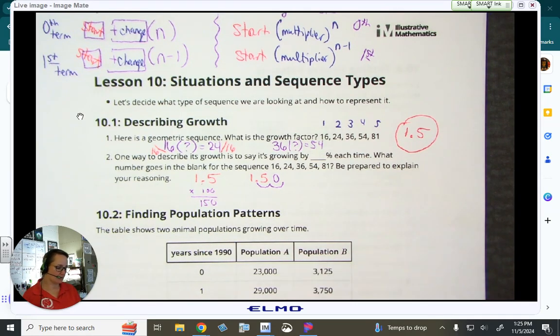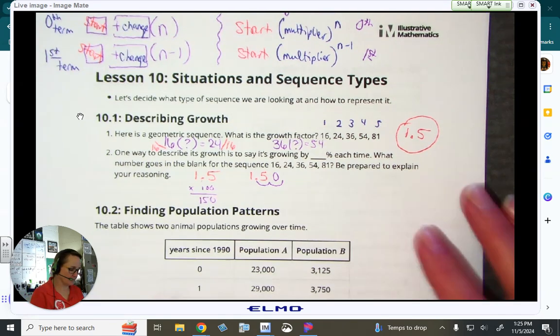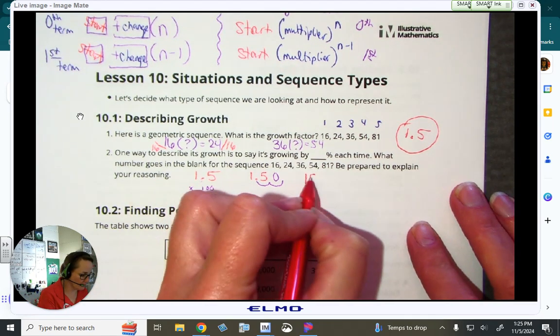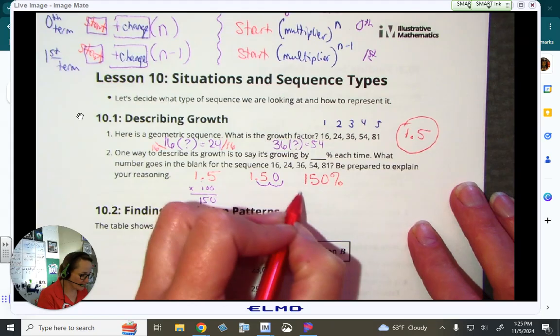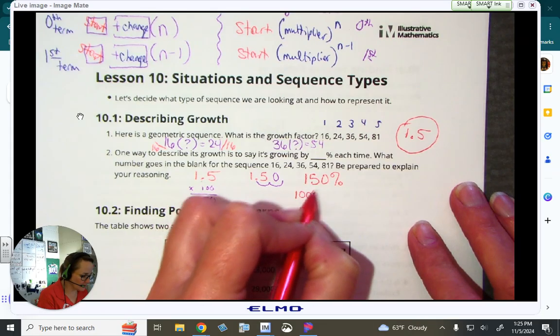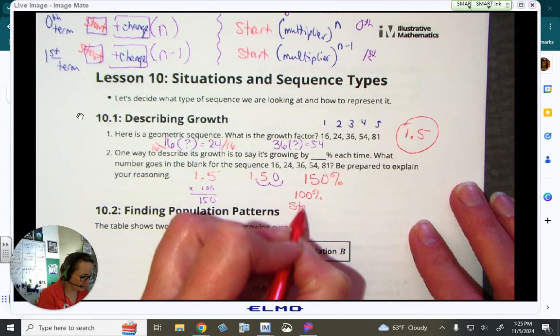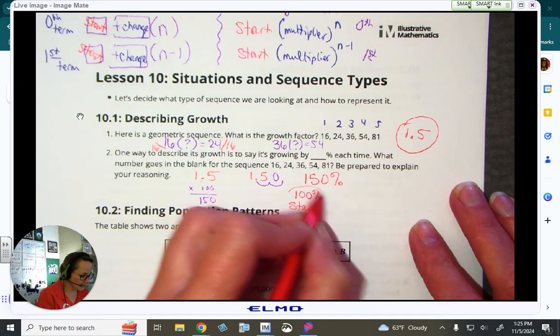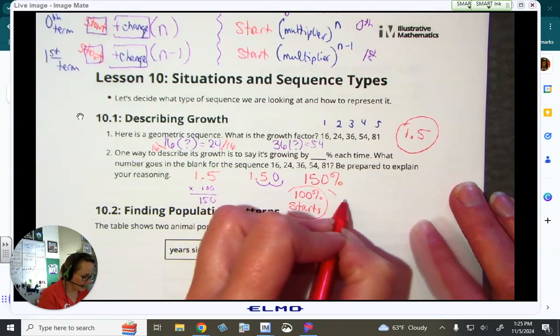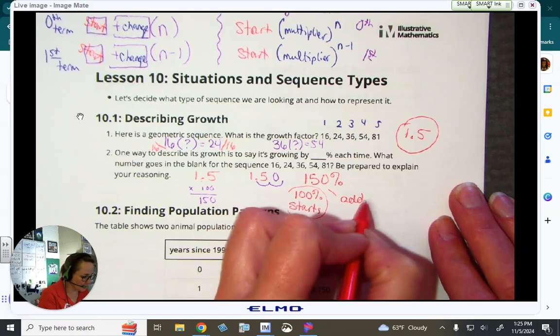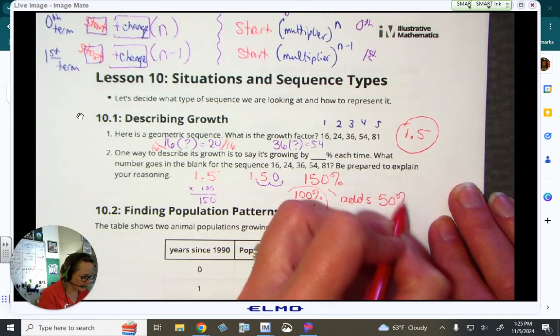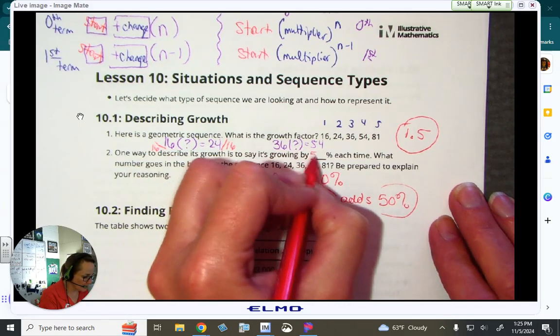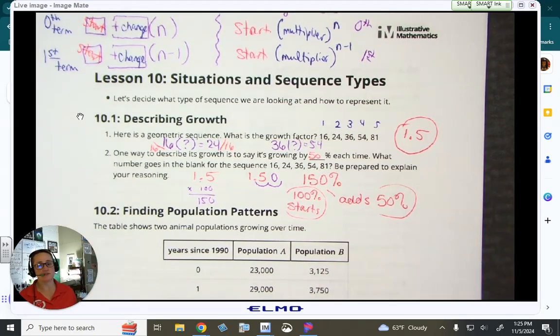A way to think about that is that it's growing by 150%, but it's keeping the 100% that it starts with. It keeps all of that, and it adds or grows by 50% on top of it. So that's how I would fill that in. It grows by 50% each time.